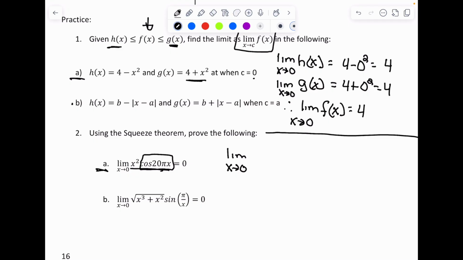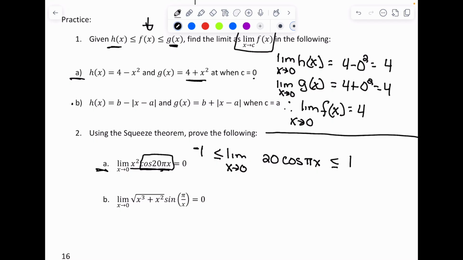So the limit as x approaches 0 of cosine 20 pi x, I know that that has to be bounded between -1 and 1. How do I know that?